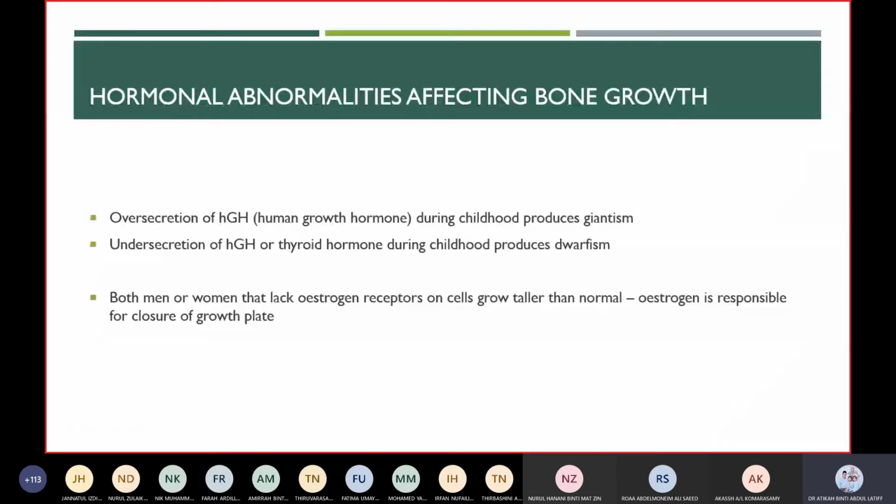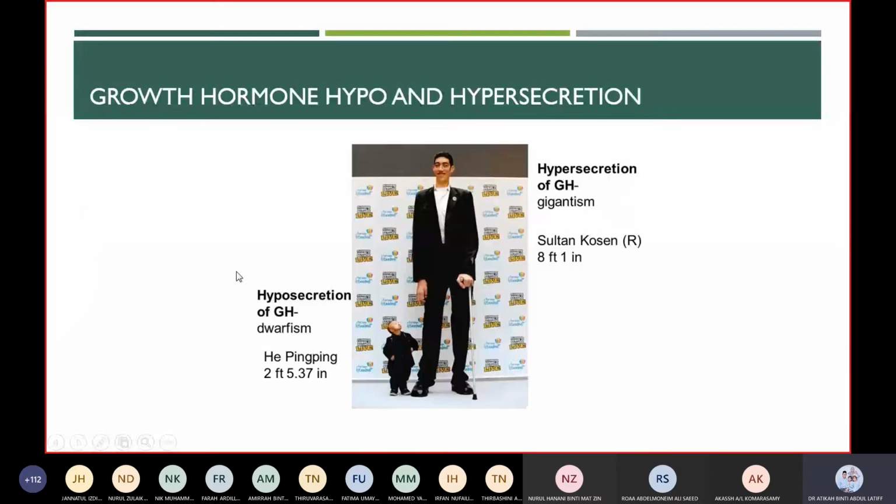So for example, oversecretion, if there's too much growth hormone, it causes gigantism, and too little, or maybe thyroid hormone problems, will cause dwarfism. Okay, so if you see here, this is an example of gigantism. This man has hypersecretion of growth hormone, causing him to be very tall, extra tall, and hyposecretion, so not enough growth hormone, causes dwarfism.